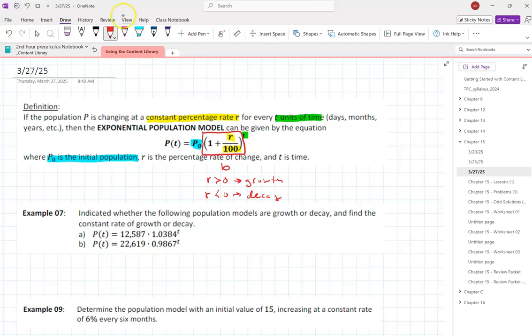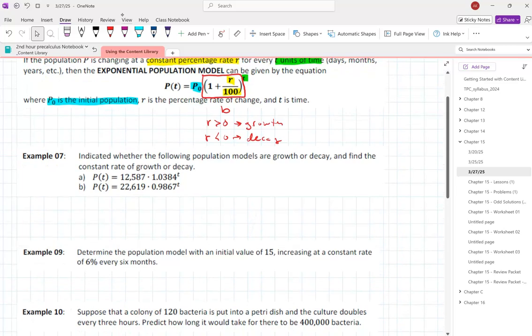Okay. So let's go ahead and do a couple examples here. The first example 7 says indicate whether the following population models are growth or decay, and then find that constant rate of growth or decay. As we pointed out before, the piece with the t attached to it is our value for b, right?